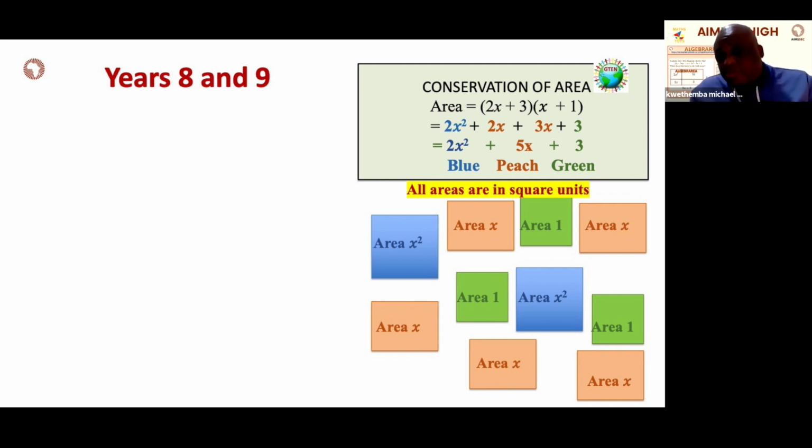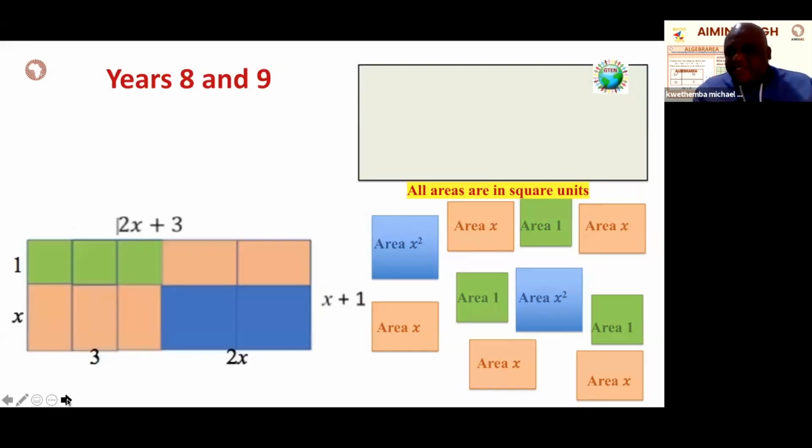Right, with all these pieces, which have known areas after giving dimensions to the small pieces, let's still try and build a rectangle from the small pieces. The way we've been building before, the difference of course now is that we have known dimensions. They will come up with different shapes here and there, but all the shapes they will come up with, we are insisting they should form a rectangle.